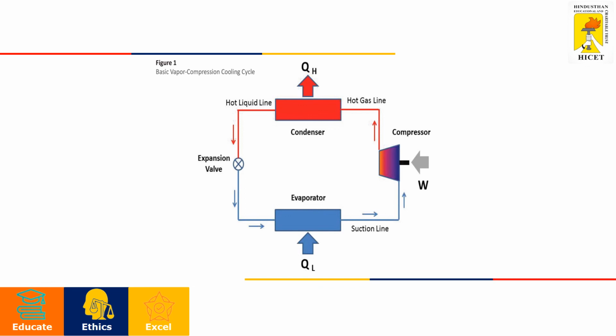Once it enters the expansion valve, the pressure drops, the temperature drops, and it comes back to the initial stage: liquid refrigerant at around 5 to 6 degrees. So this is how the entire refrigeration or air conditioning unit works. Thank you.